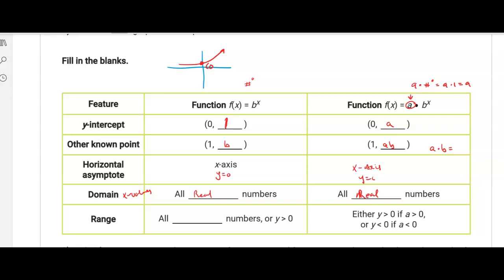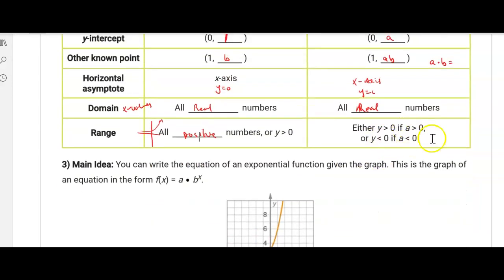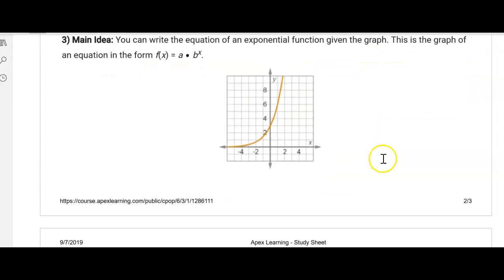So the range here, if my horizontal asymptote is at 0, we're going to say all positive numbers, or y is greater than 0. And very similar to here, either y is greater than 0, or y is less than 0.